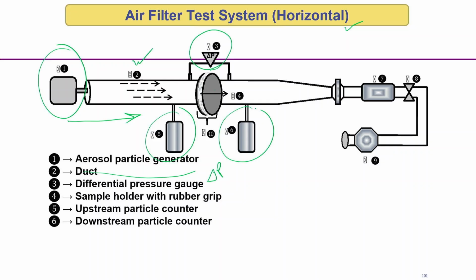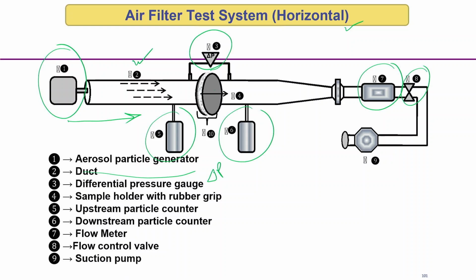This is the downstream particle counter, and here the flow meter is there, 7, which measures the air flow rate, and the flow valve controller. So, it will control the air flow rate. If we want to change the air flow rate, we can control it by this valve, and 9 is the suction pump.